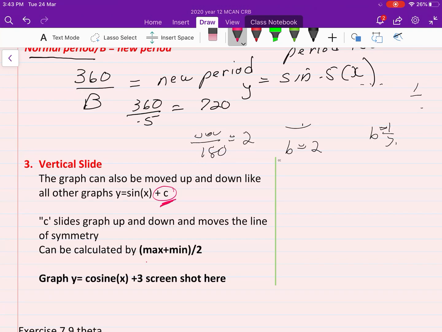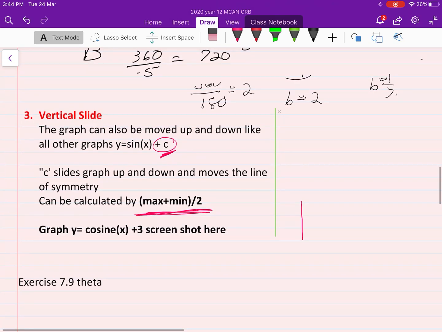Make sure you don't confuse this with the max and min points of an amplitude. We do max plus min divided by 2 to find what c is, and it tells us the line of symmetry. So it's very important to know this aspect of the graph.